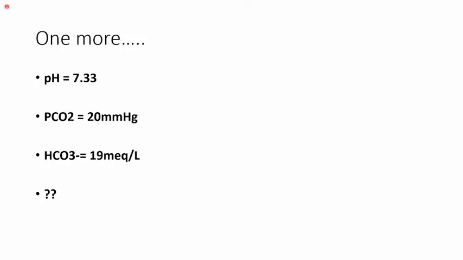Then the bicarbonate is 19 and our range is 22 to 26. So it's low. A low bicarb would be in keeping with acidosis or alkalosis?